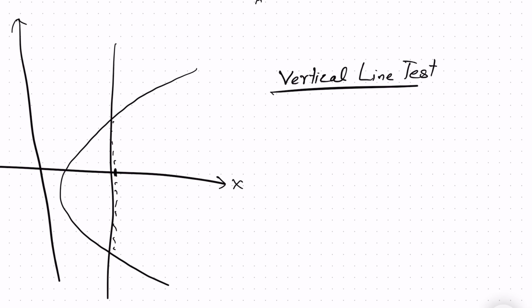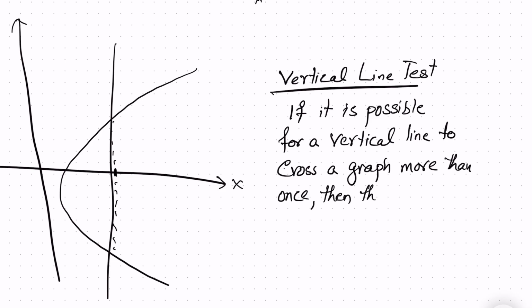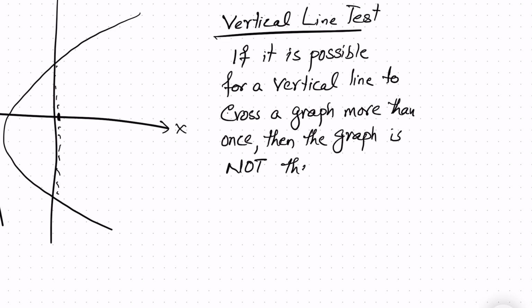It says that if it is possible for a vertical line to cross a graph more than once, then the graph is not the graph of a function.